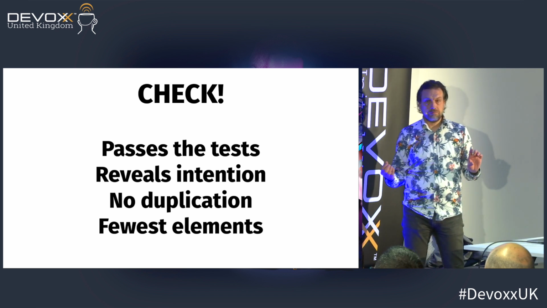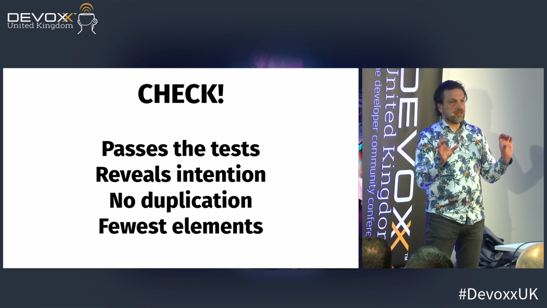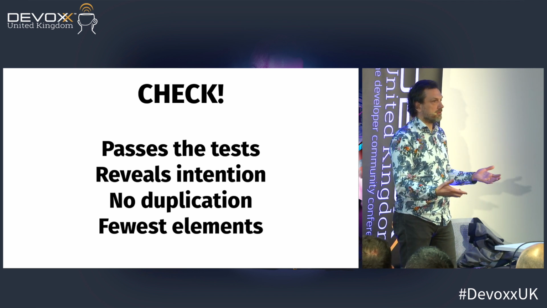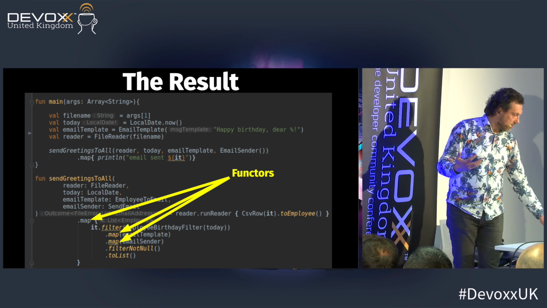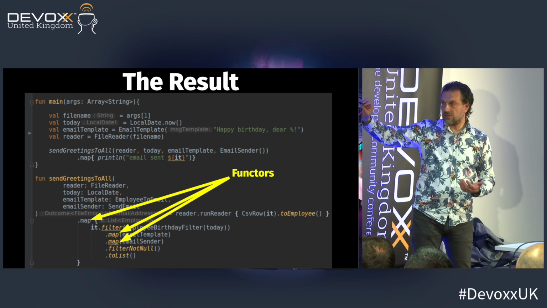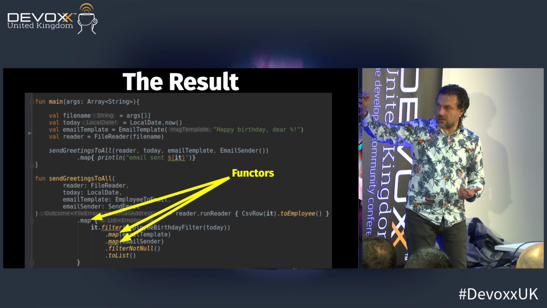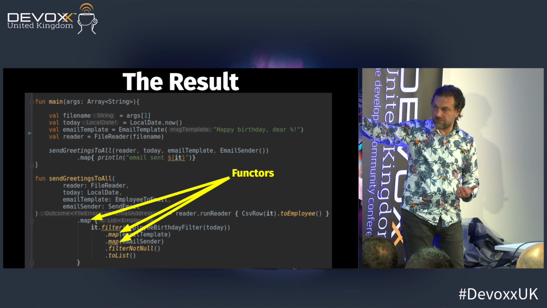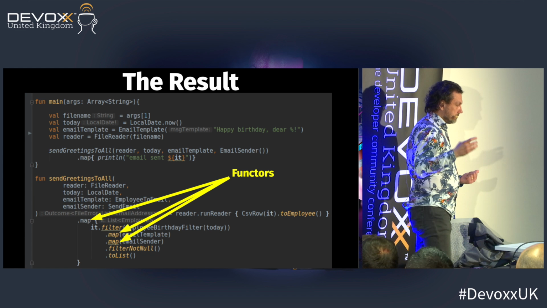Reveal intention. Sometimes it's important that your functional code still reveals the intention. It can be unfamiliar, but if someone is familiar with this kind of thinking, this code is quite clear about what it's trying to do, because it's mapping the reader from the file, mapping to employee, filtering, then transforming to template, and then to email.